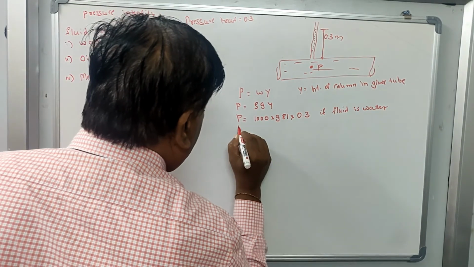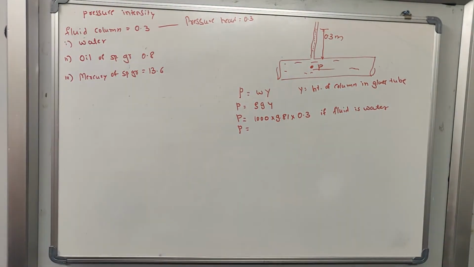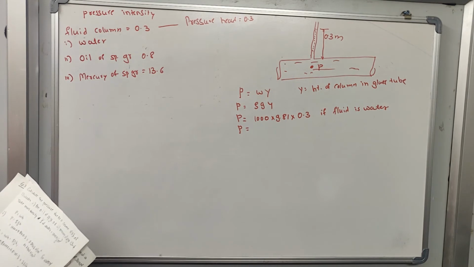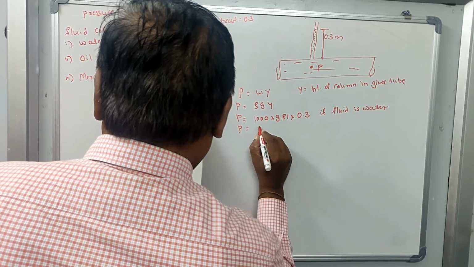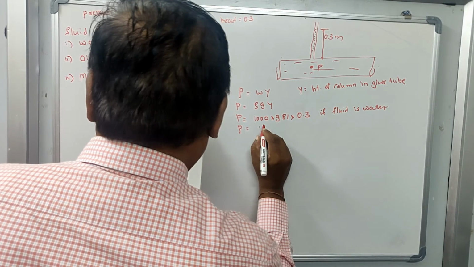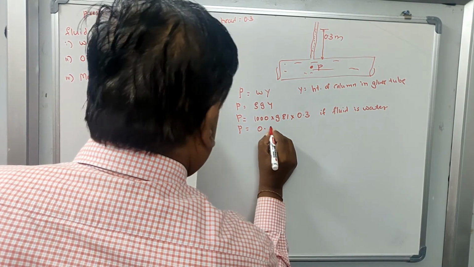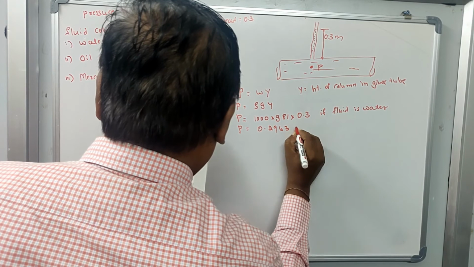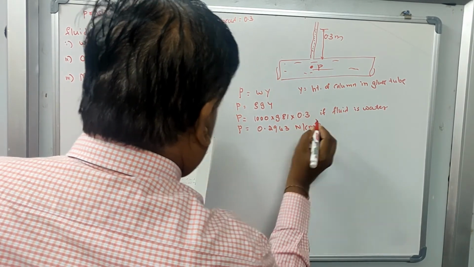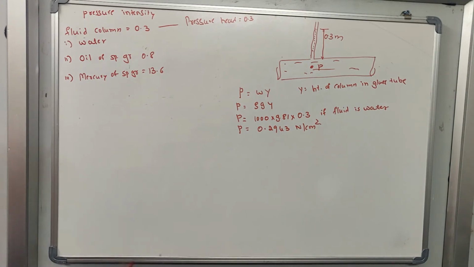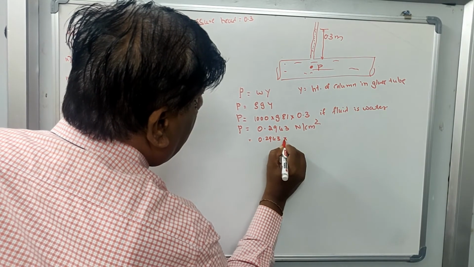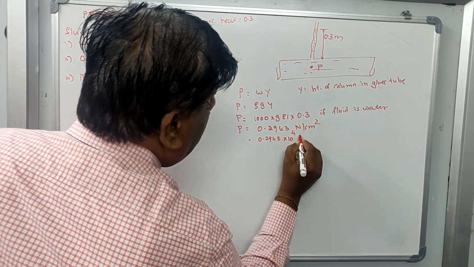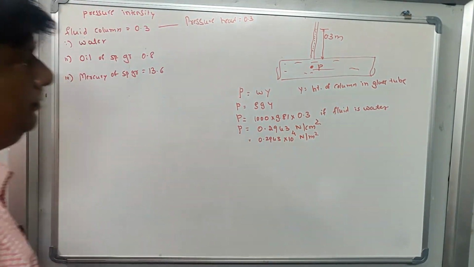Fluid is water, therefore P is equal to 0.2943 Newton per centimeter square, or it is 2943 into 10 raised to 4 Newton per meter square.